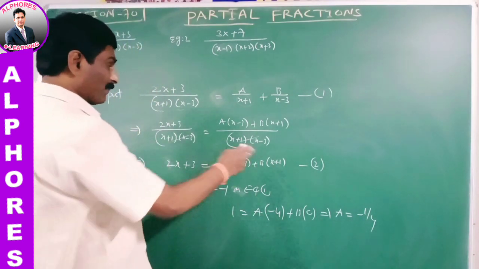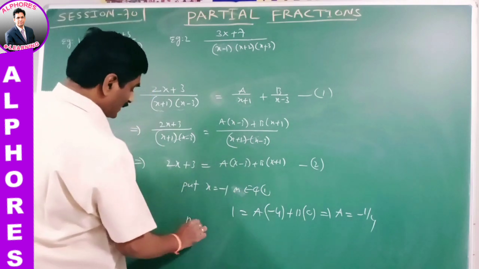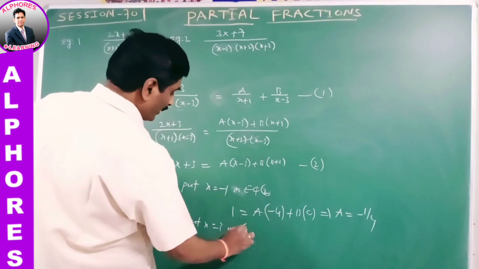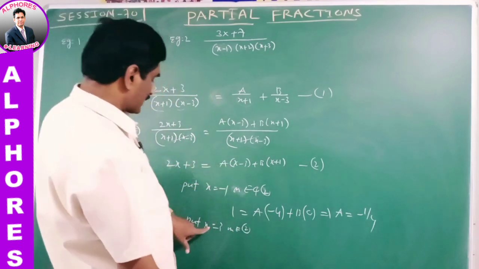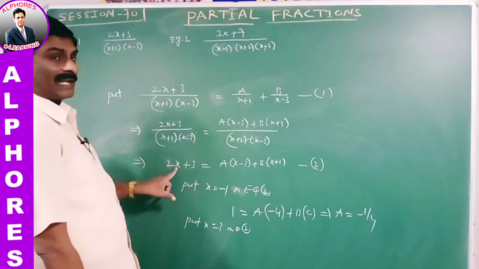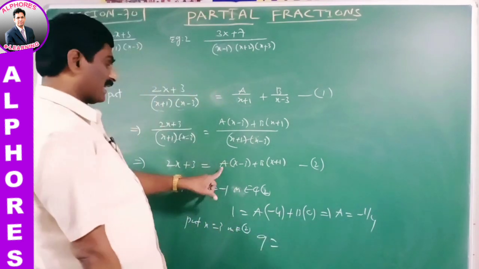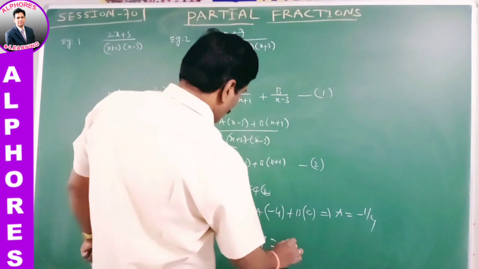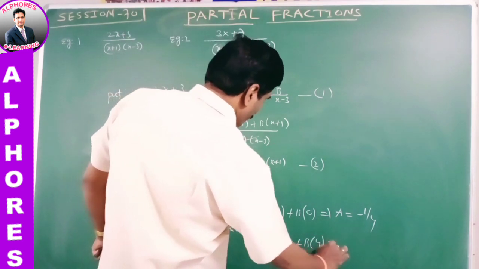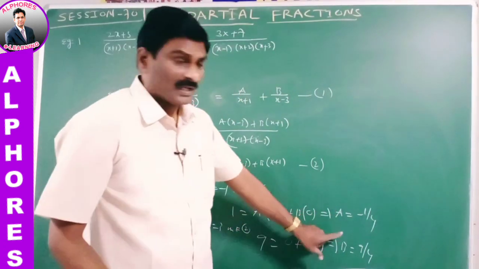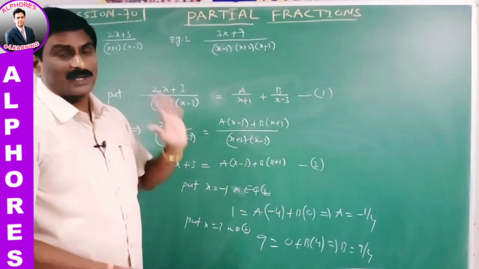Similarly, for getting b, put x equal to 3 in equation 1. 2 into 3, 6, plus 3, 9, is equal to a into 3 minus 3, which is 0, plus b of 4. That implies b is equal to 9 by 4. Now we have the values of a and b. Substitute these values in equation 1, and we get the partial fractions.